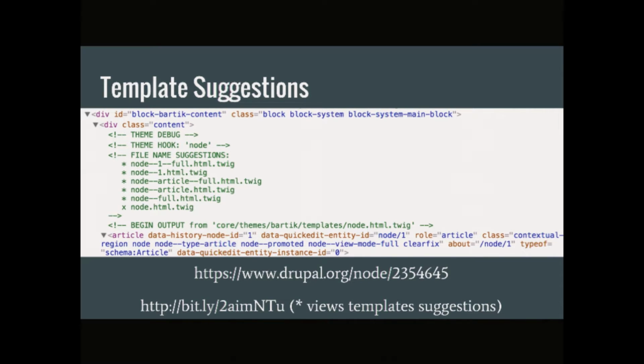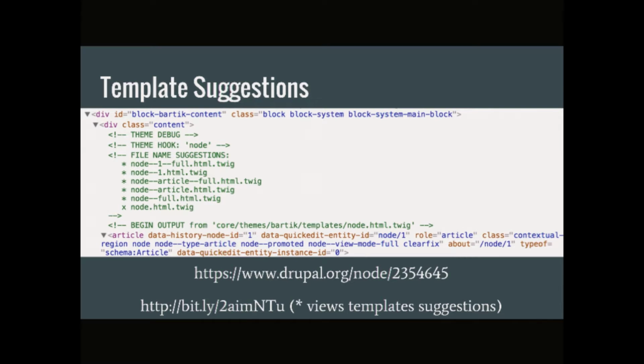So many templates can be part of the output of a view, and views in particular, at least as of now, doesn't show you in these comments all the theme suggestions. So in the second link below, you get a list of everything that is provided by views. And even though it is not listed, you can name your template like that and clear the cache, and you will get those suggestions being picked up.